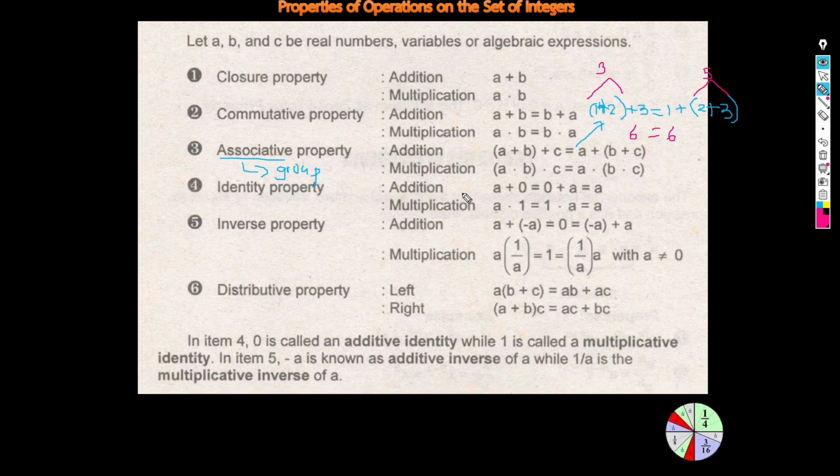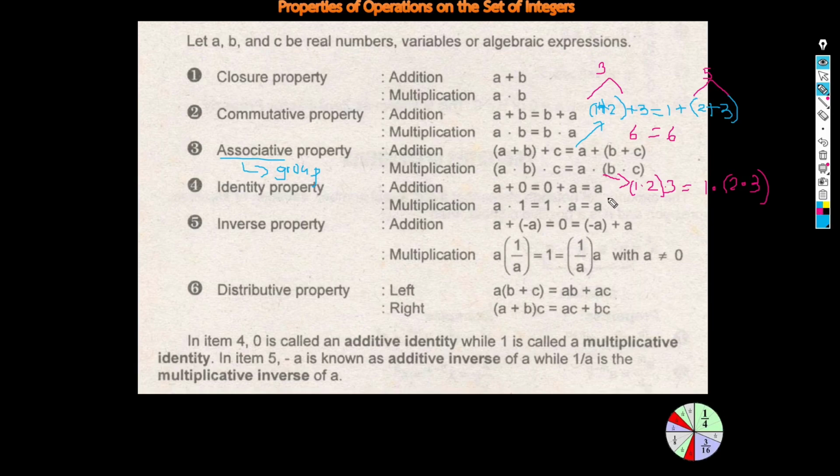Now what about multiplication? It's A times B, for example 1 times 2, times 3, which is equal to 1 times the product of 2 times 3.